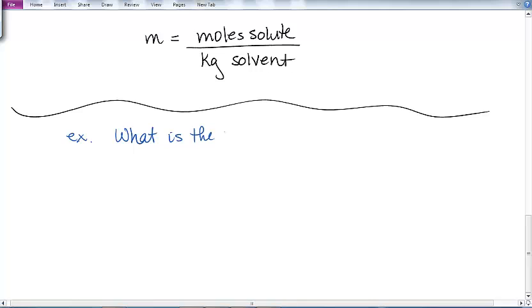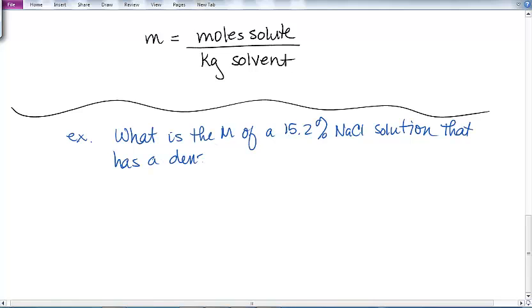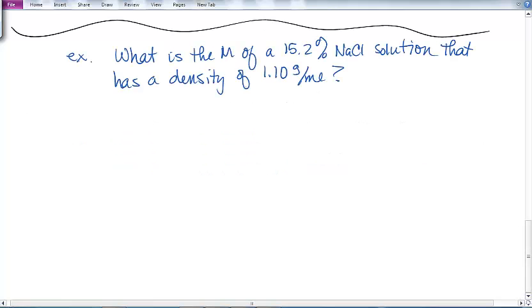And that example problem is, what is the molarity of a 15.2% sodium chloride solution that has a density of 1.10 grams per milliliter? This is a pretty typical problem where you are given one kind of concentration unit, but you're interested in a different kind. And we're going to be practicing some of these in class.